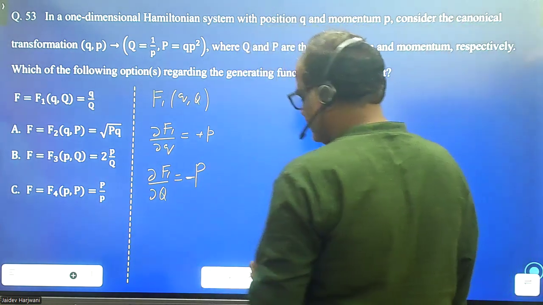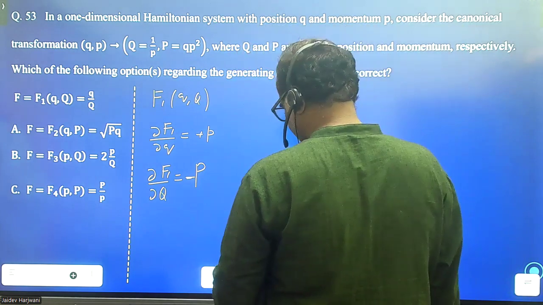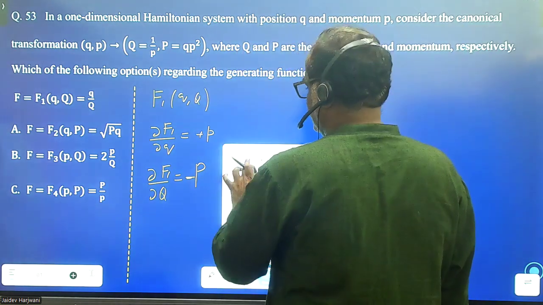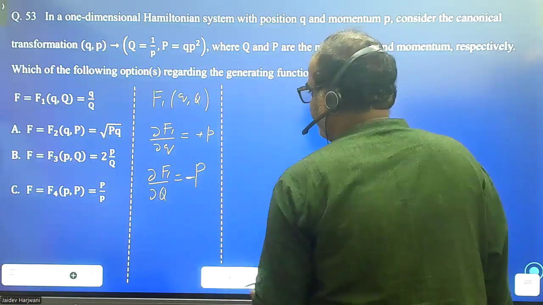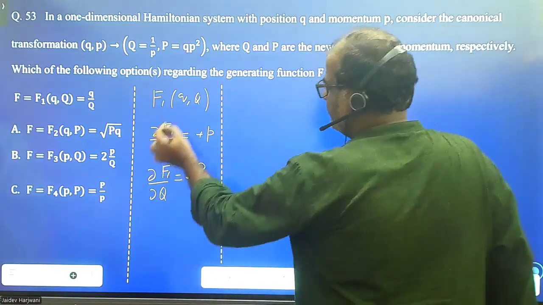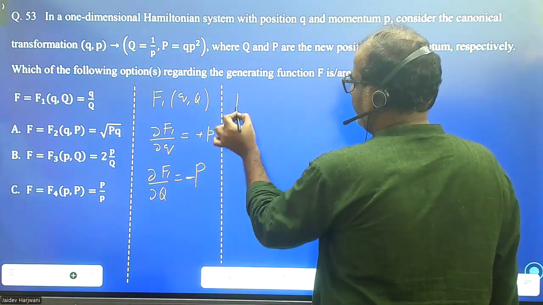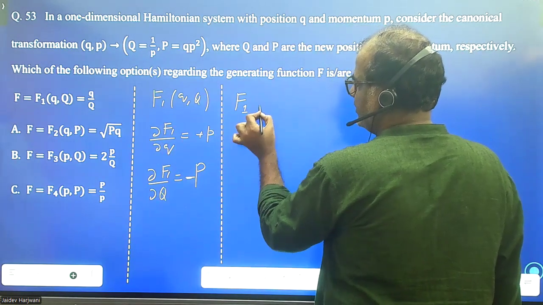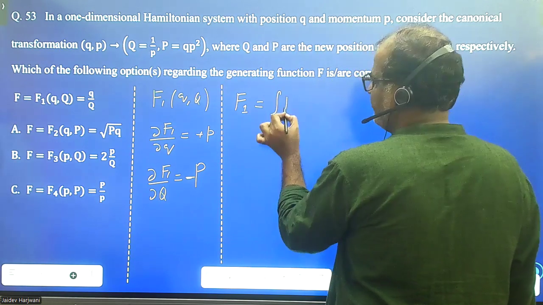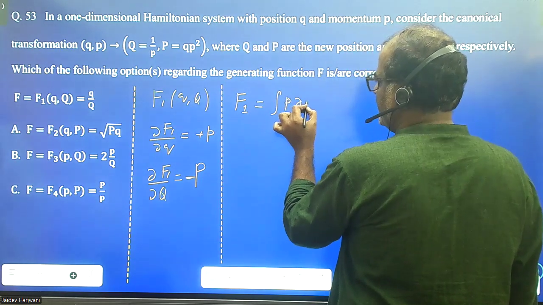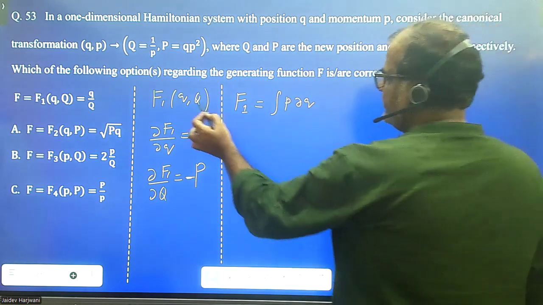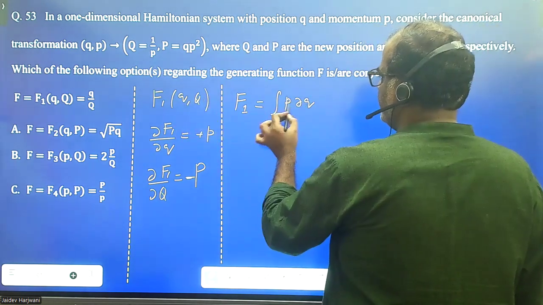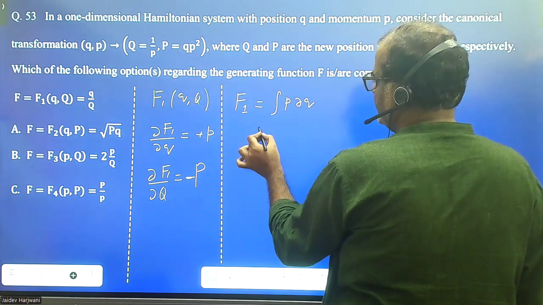Now let us solve it further. I want to find the generating function F1. I can calculate F1 from here. So my F1 will be the integration of small p dq. Now this is a function of q and capital Q. Small q is there, so I can bring the capital Q here.